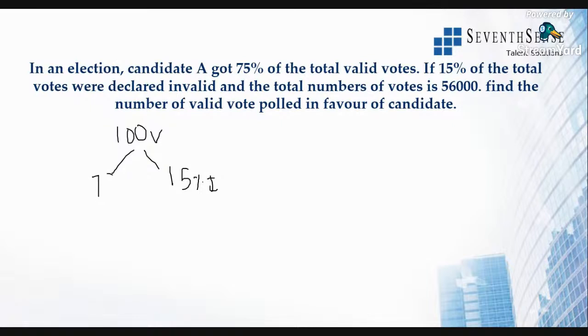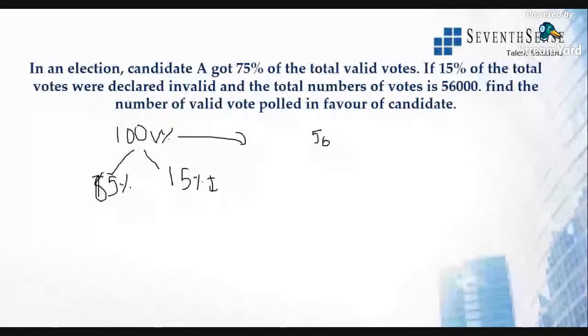So the remaining 85% are valid votes. 100% of the votes is 56,000. Of this, 15% were invalid and 85% were valid. First we need to find the valid votes.